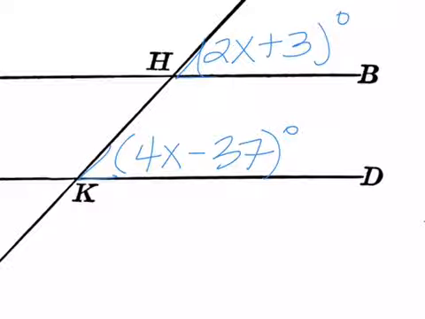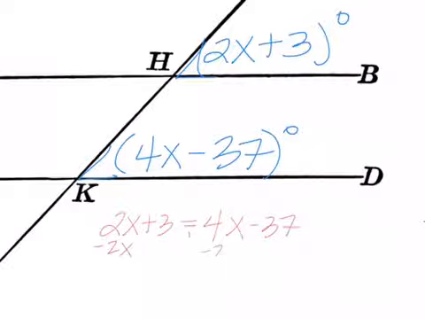And if two things are the same, that means that they are equal to each other. So I could set up an equation by saying 2x plus 3 is equal to 4x minus 37. To solve, I could subtract 2x from both sides, get rid of my x's on this side, and I could add 37 to both sides.